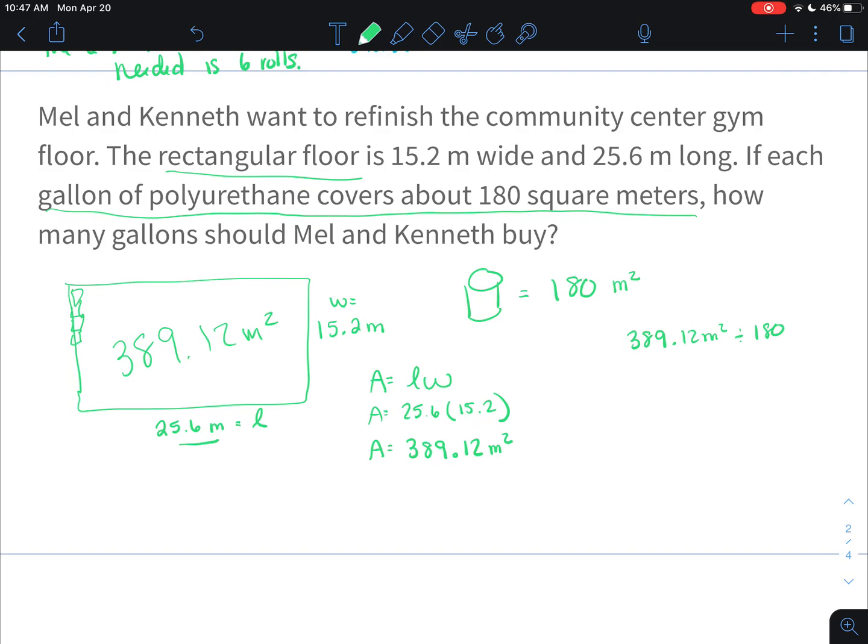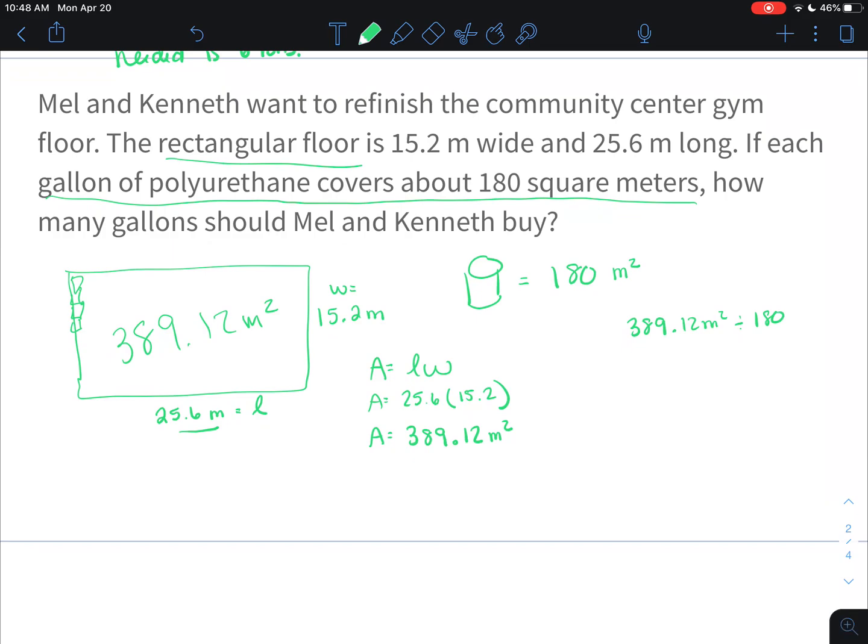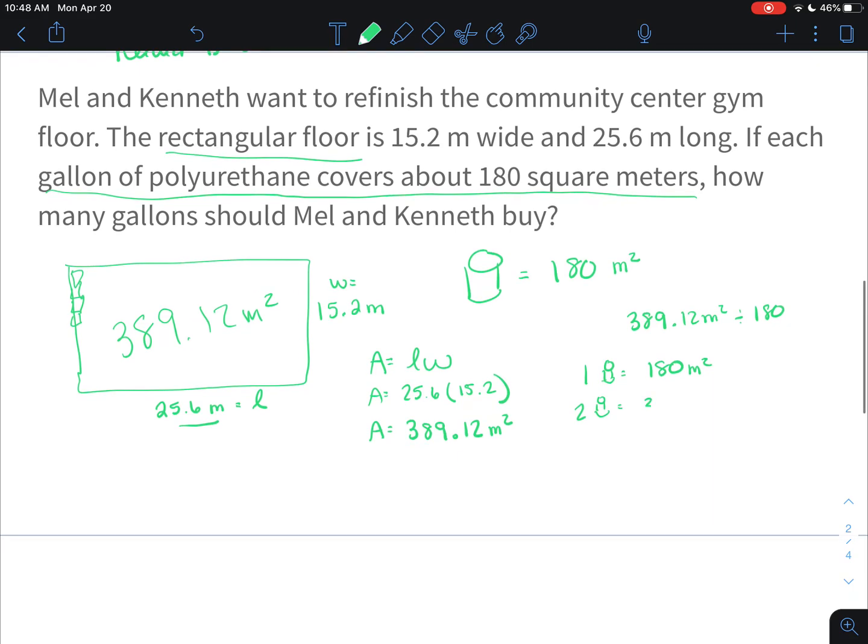But this time I'm going to do the opposite way that I did last time, and I'm going to add up. So if I have 1 can, I know that covers 180 square meters. What about 2 cans? 180 times 2 would be 360 square meters. So still not enough because I need 389.